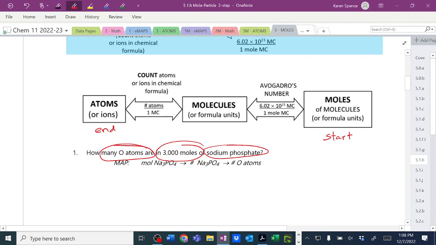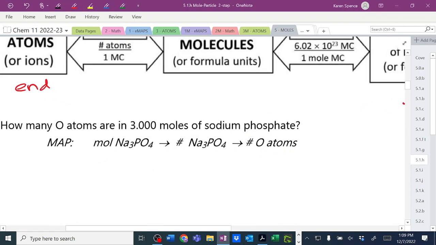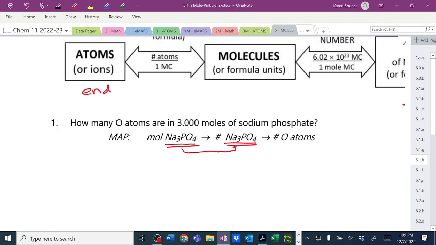So I am starting with the moles of sodium phosphate. And if I have moles of sodium phosphate, I can convert that to the number of the same thing, sodium phosphate. And then from there, I can count the number of O atoms in sodium phosphate and go to O atoms. Shall we do that one together?